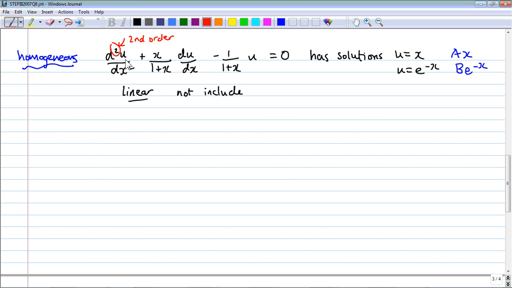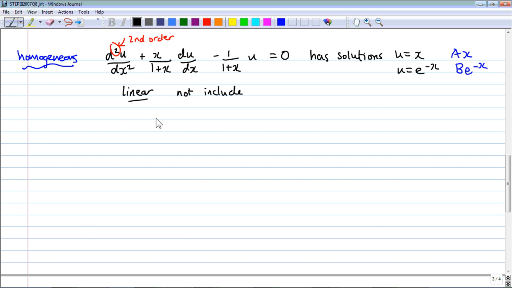But because this differential equation is linear, I think I'll show this in detail, even though it's not necessary for this question, because I think a lot of students might find this difficult.